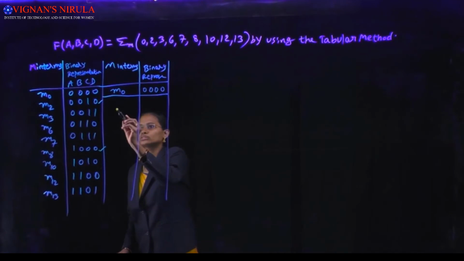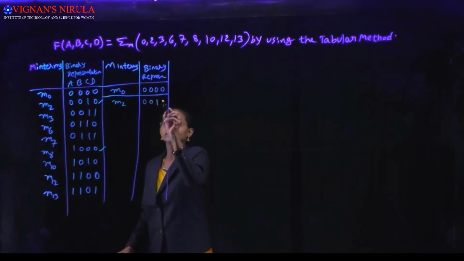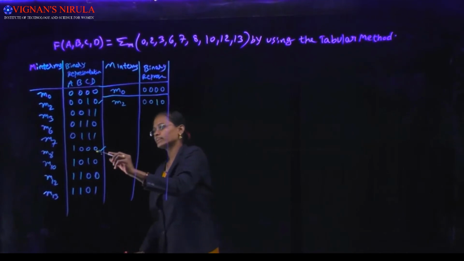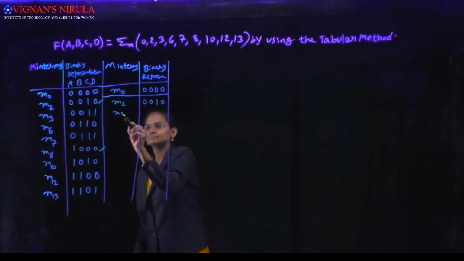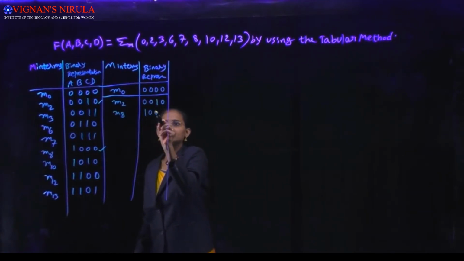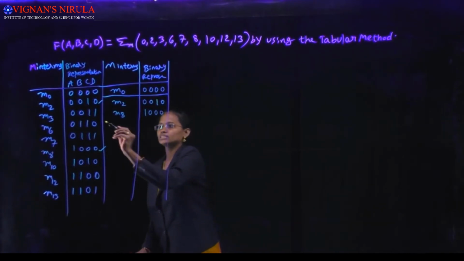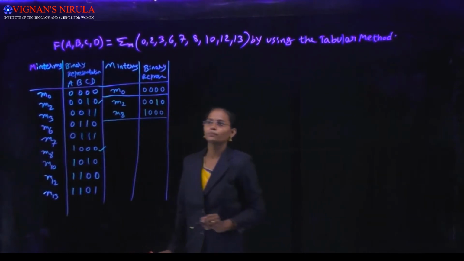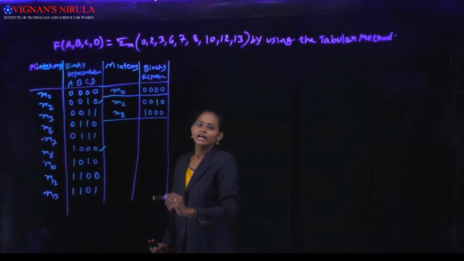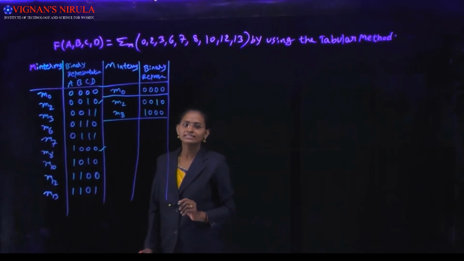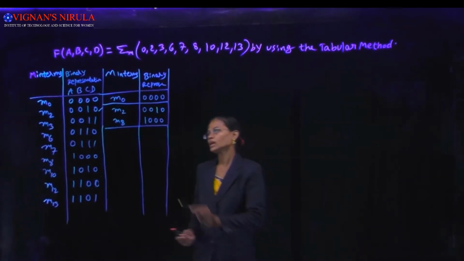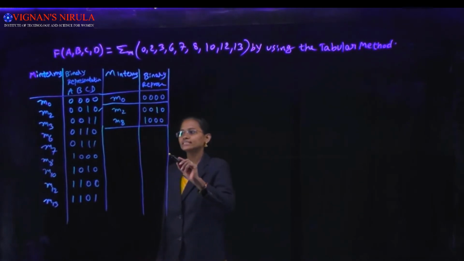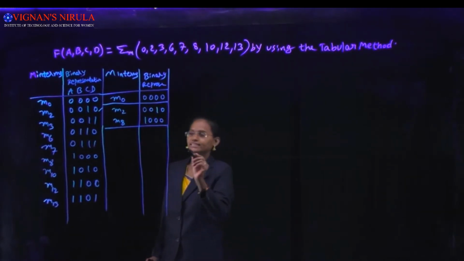So write down M2, that is 0, 0, 1, 0, and next M8, that binary number is 1, 0, 0, 0. This is one group. And next number of ones are 2, and next number of ones is 2 is there.